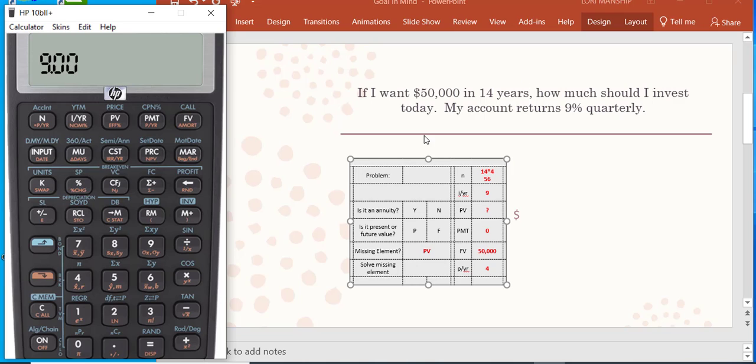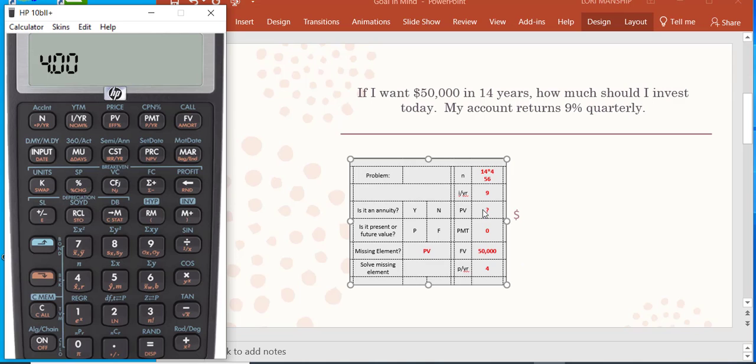And our present value is what we don't know. Our payment is 0. Our future value is what we do know this time. So we have 50,000 as our future value. And we have 4 payments per year. So 4, orange P/YR.